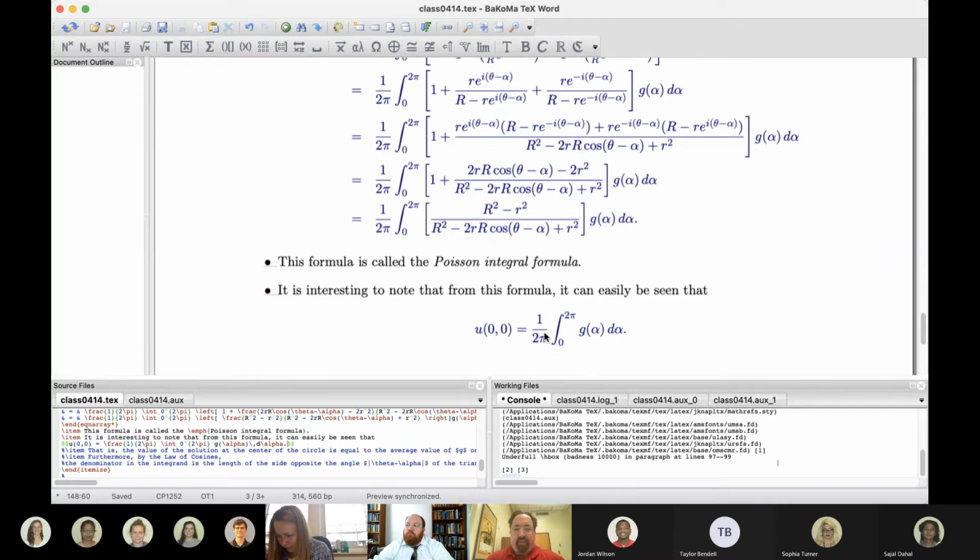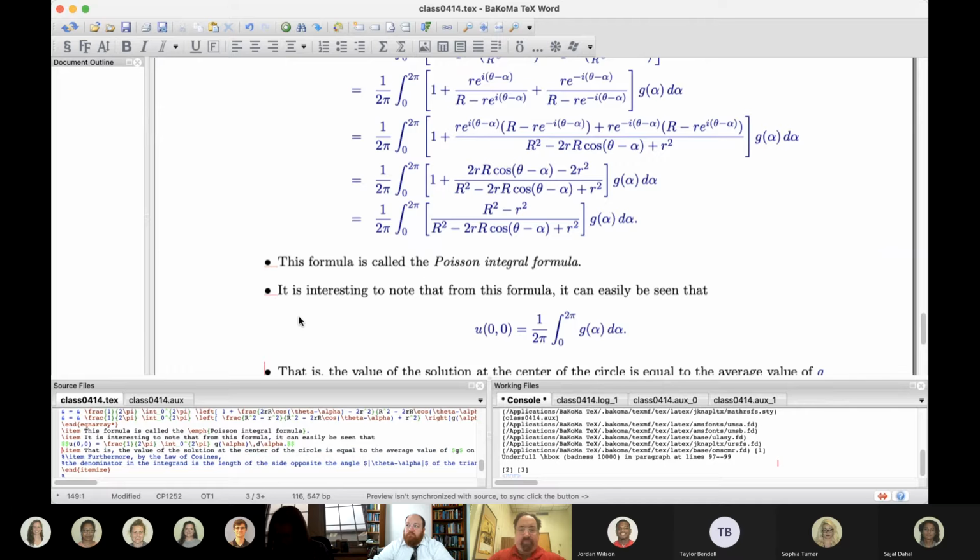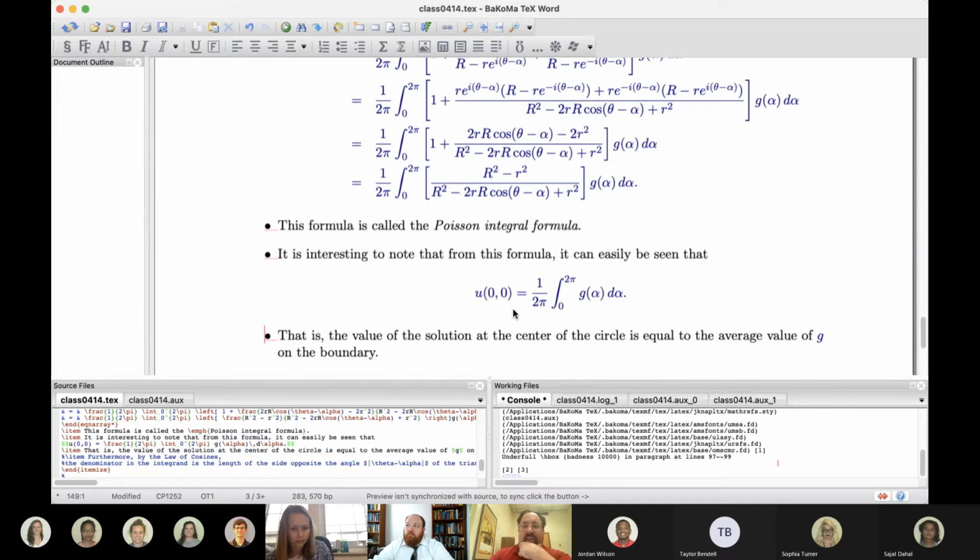But this is equal to the average value of the function g on the interval 0 to 2 pi. So the value of the solution at the center of a circle is equal to the average value of g on the boundary. Actually, all I have to do is plug in r equals 0. It doesn't even matter what theta is, because r equals 0 is the origin. That's the center, regardless of the value of theta. And we still get this. So this is something that Poisson's integral formula makes it easy to see.